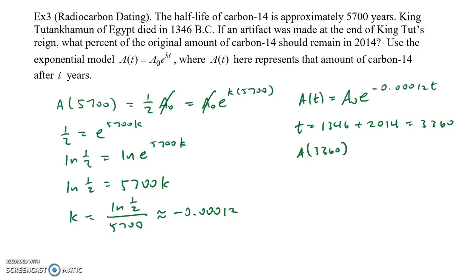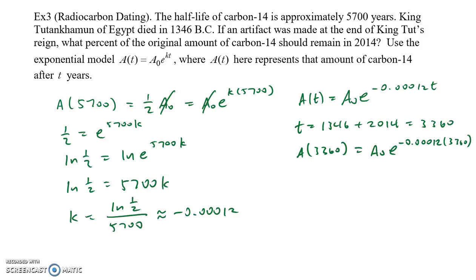Now we don't know the initial amount of carbon-14, but actually we can answer the question posed in the problem without knowing a specific initial quantity. In fact, it would really not be possible to know what that quantity was. So A0 e to the negative 0.00012 times 3360.